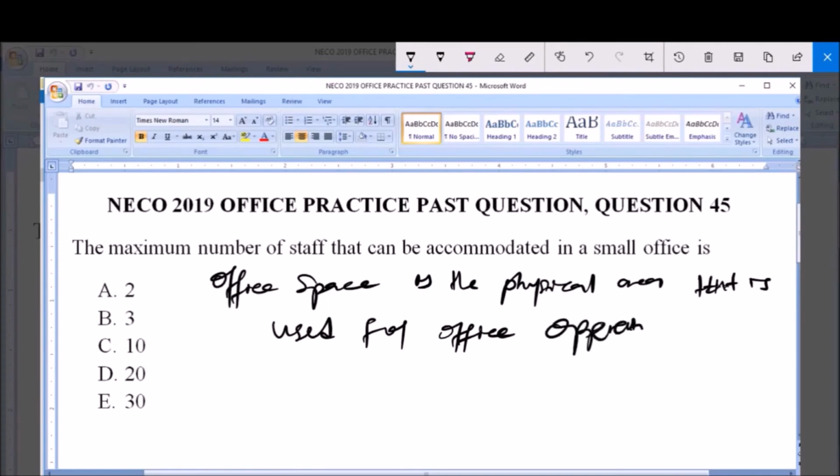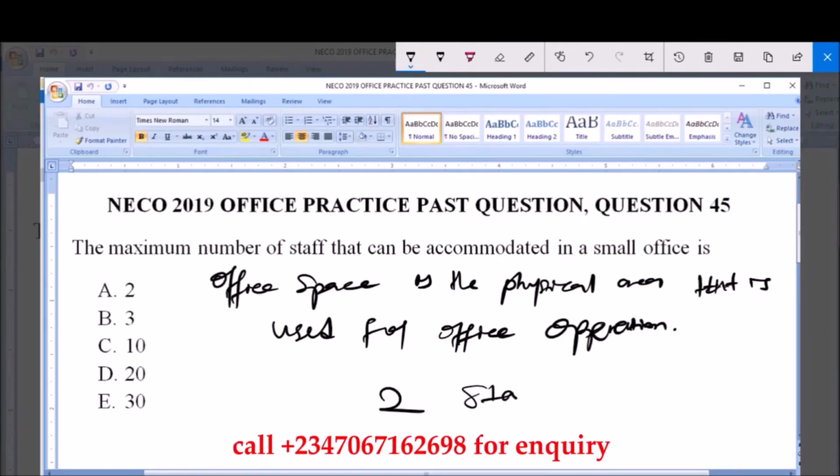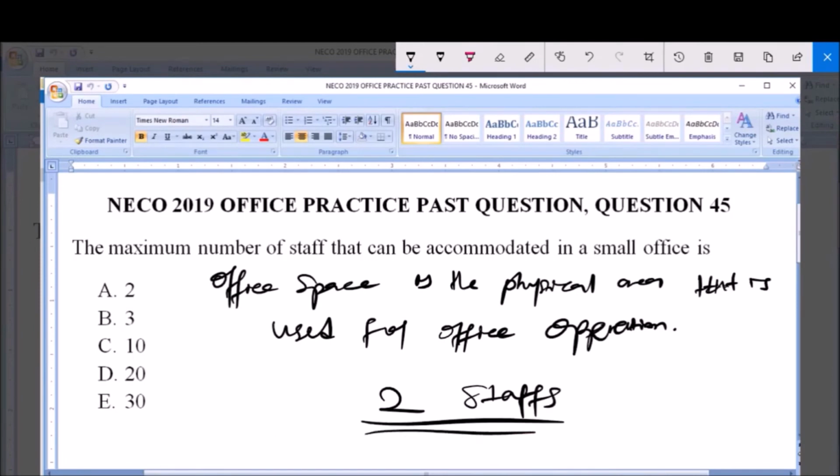So this is an office space. Now when you have a small office or a small office space, there's a maximum number of staff that can be accommodated in this office, and that is 2 staff. So the maximum number of staff that can be accommodated in a small office space or in a small office is 2, and that is option A, 2.